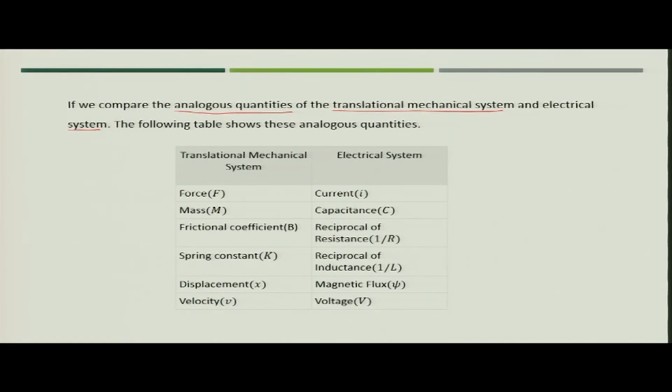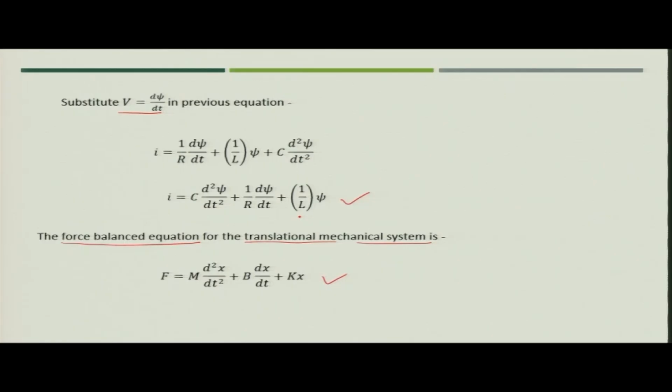You can say that force and current are analogous. M, that is mass, is analogous to C, B is analogous to 1 by R, K is analogous to 1 by L, X is analogous to psi, and dx by dt, that is velocity V, is analogous to d psi by dt, that is voltage V.